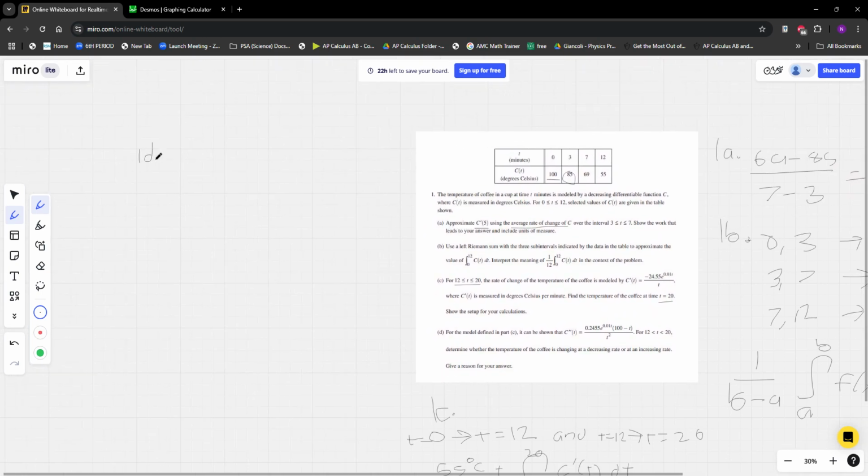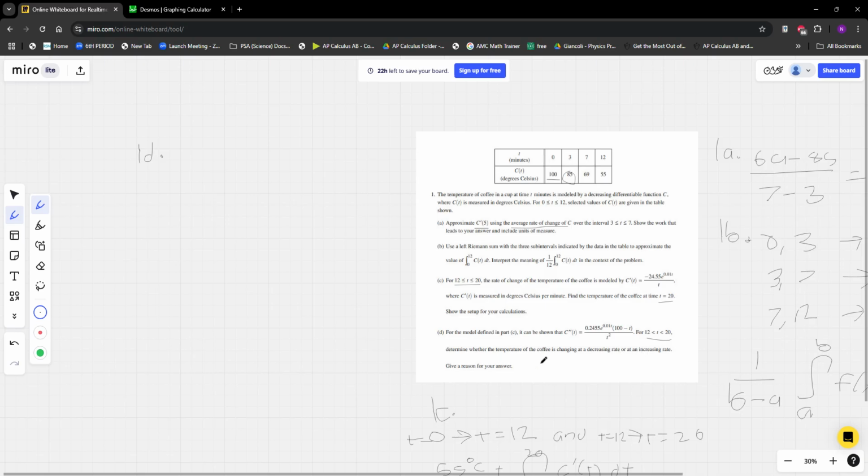Now 1D. It says the second derivative of C is this function right here, and for the interval 12 through 20, determine whether the temperature of the coffee is changing at a decreasing rate or an increasing rate.